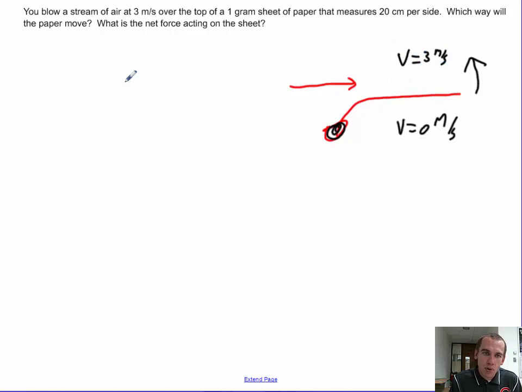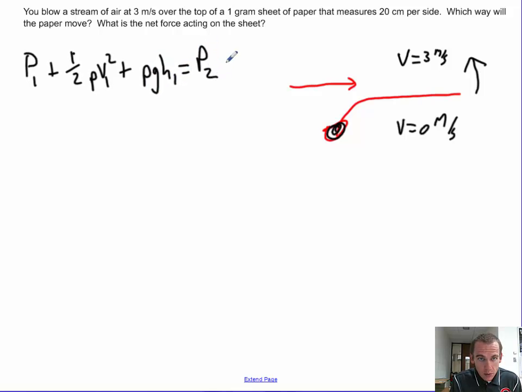Bernoulli's equation says P1 plus 1/2 rho V1 squared plus rho g h1 equals P2 plus 1/2 rho V2 squared plus rho g h2.